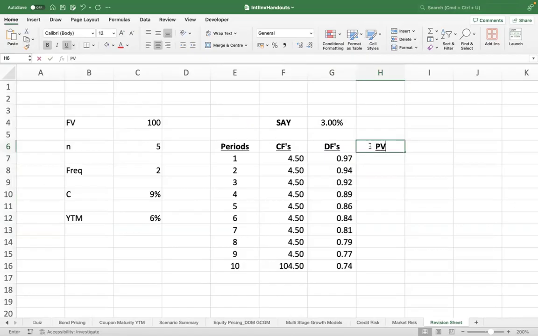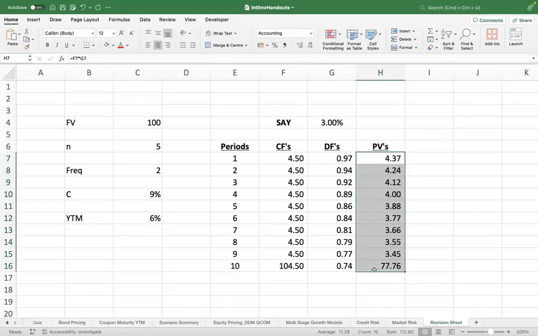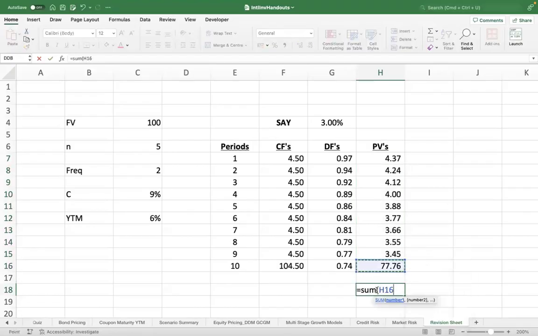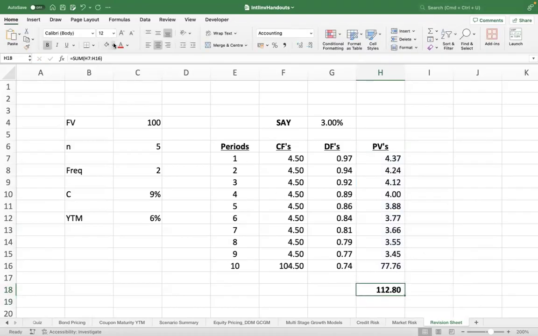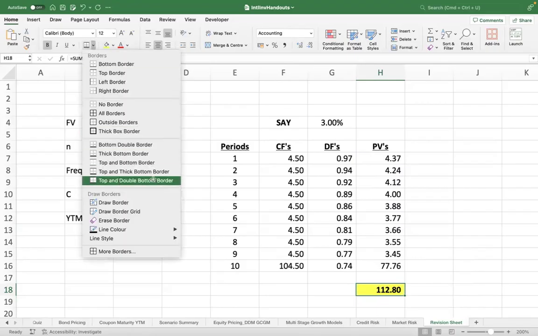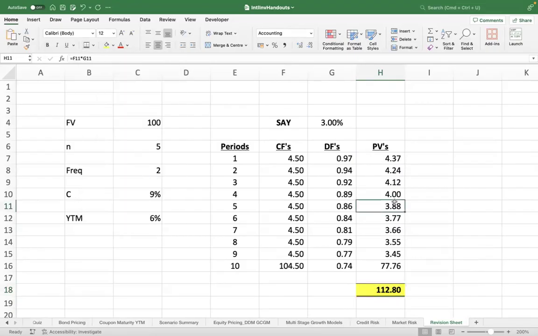Okay, and then present values, which will be cash flows multiplied by discounting factors. Okay, these are your present values. Now we will sum this all up. And that should get you to the price of the bond, which is $112.80.